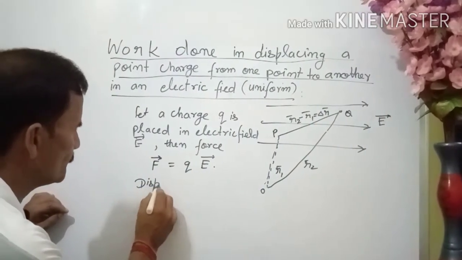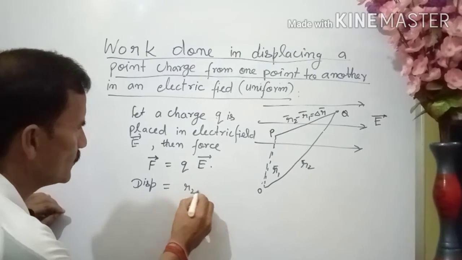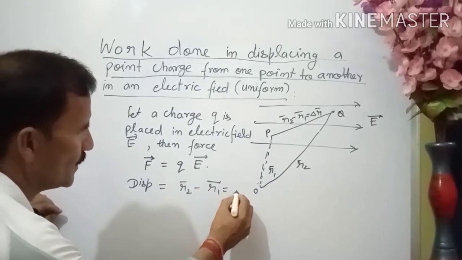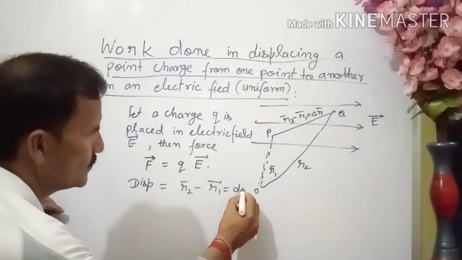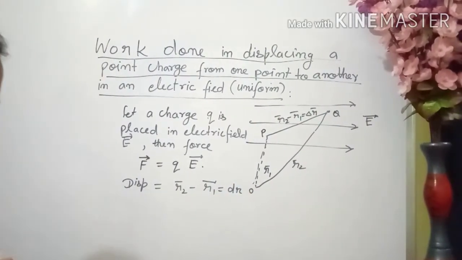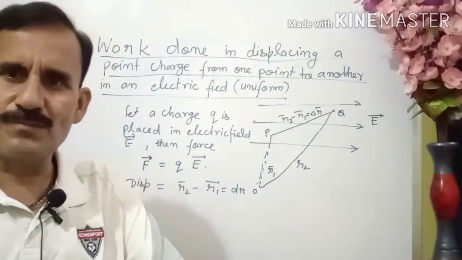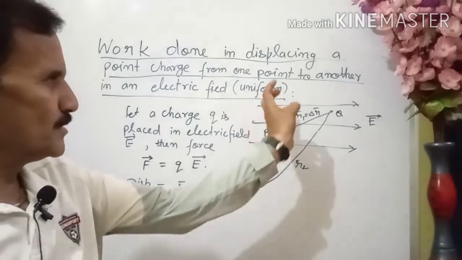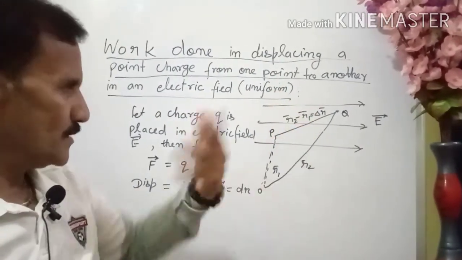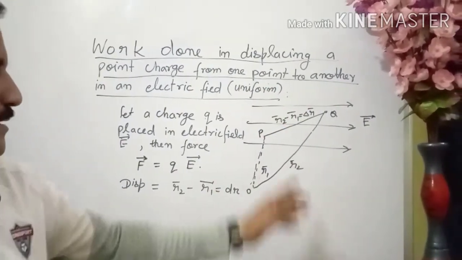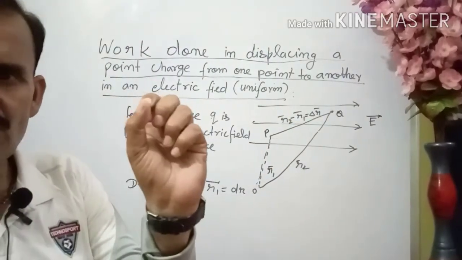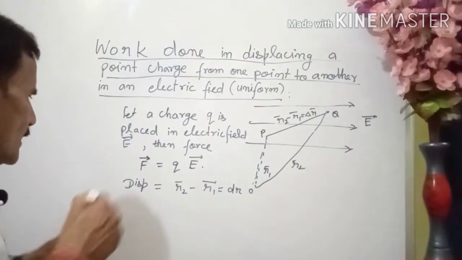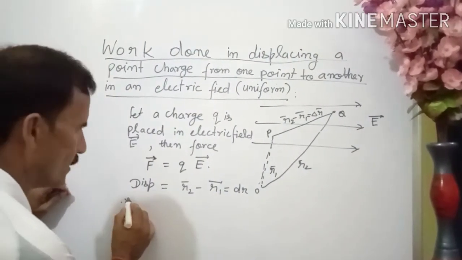Displacement is nothing but R2 minus R1. So suppose we are writing it like this, delta R, and d is very small. So in fact we are taking the limit as delta R tending to 0, so that becomes dr. Therefore, what is the work done?